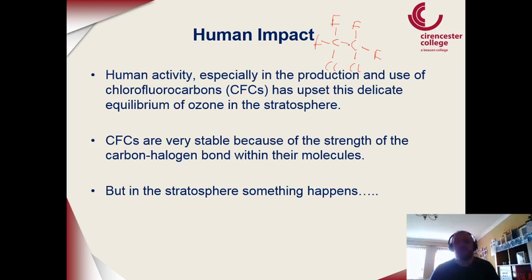And if you think about it, we discussed yesterday, the carbon-fluorine bonds are very, very strong. The carbon-chlorine bonds are comparatively very weak.